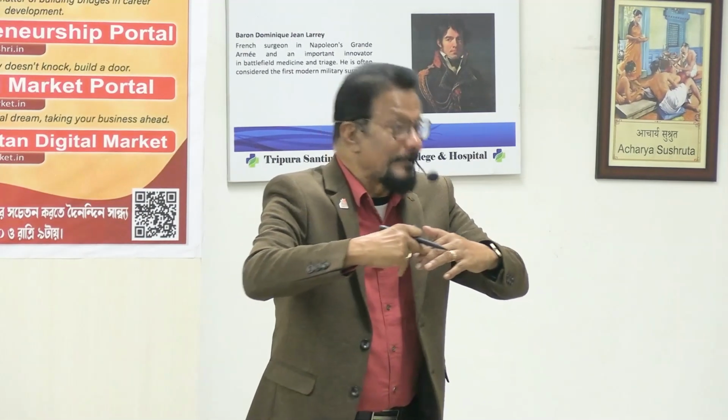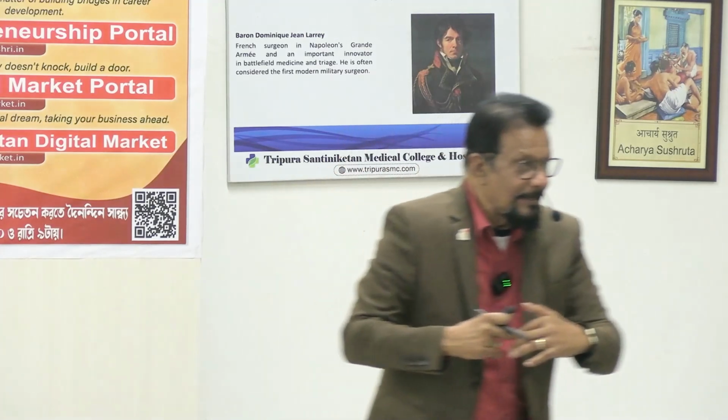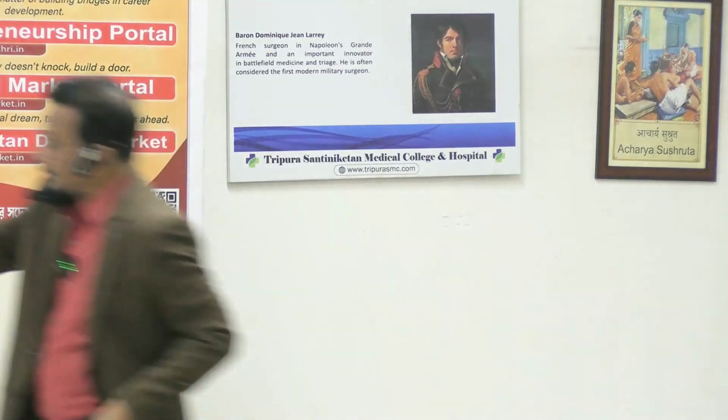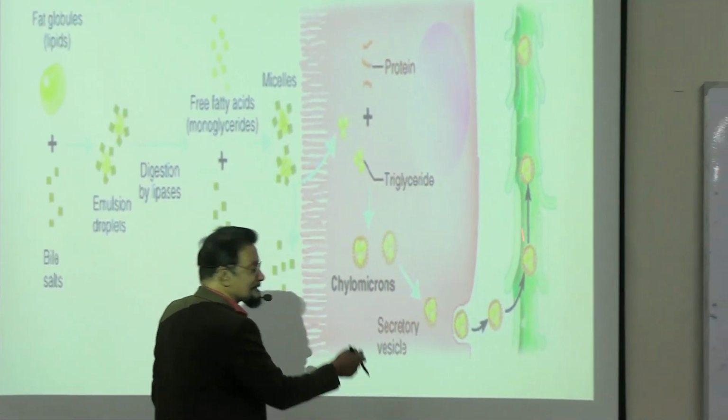So this chylomicron containing all fat soluble things, including the fat soluble vitamins, everything will be shifted to the lacteals. These are the chylomicrons. Now these are exocytosed into the lacteals.